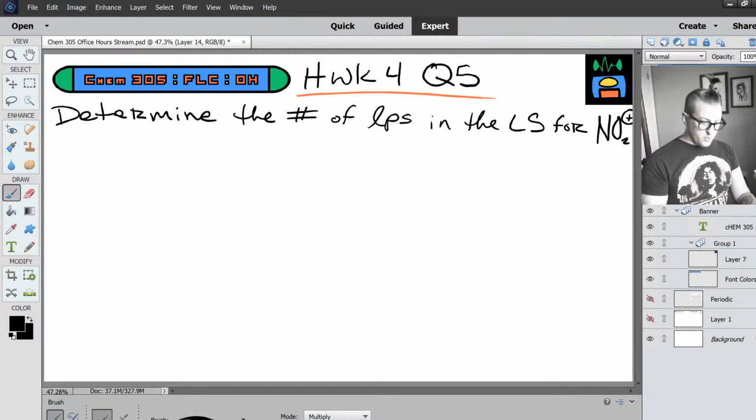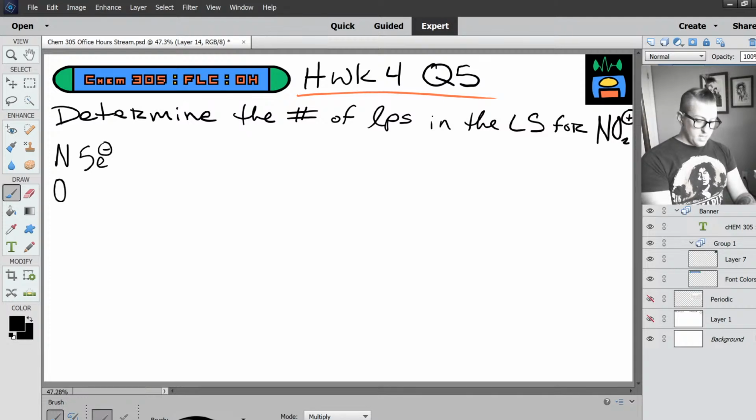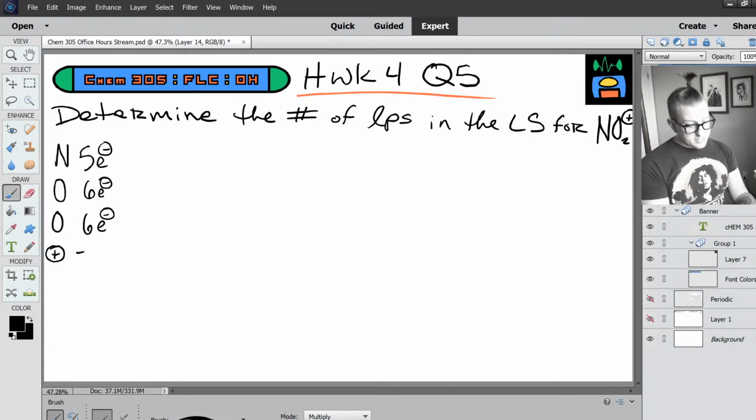Okay, so first we have to add up our total number of electrons for NO2 with a positive 1 charge. Nitrogen has 5 valence electrons. Oxygen has 6, and we have 2 oxygens. And this plus charge means that we have 1 fewer electron than we should have, so we subtract 1 electron from our total count, leaving us with 16 electrons in our budget. Our central atom will be nitrogen.